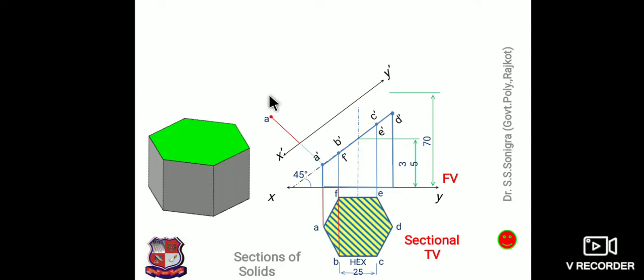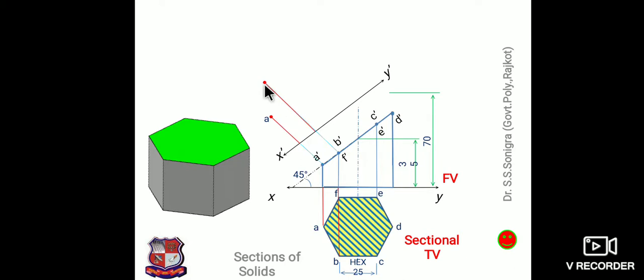Now how to locate point B in this true shape? Draw a line from point B dash that is perpendicular to the x dash y dash line. Measure the distance of point B from the xy line, take this distance as a radius, mark this point as the center, and draw an arc. So this length and this length are the same.